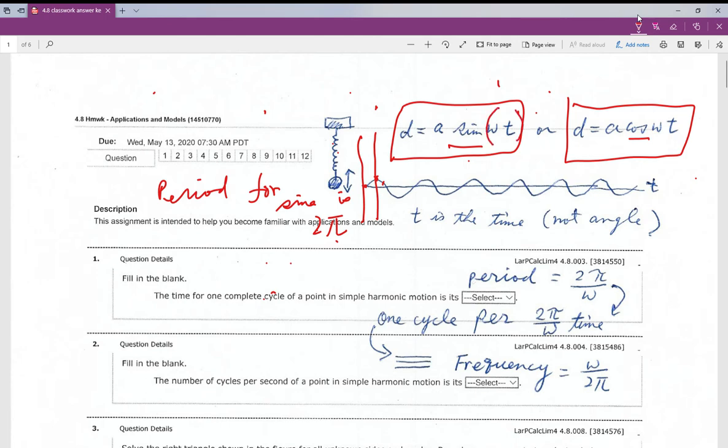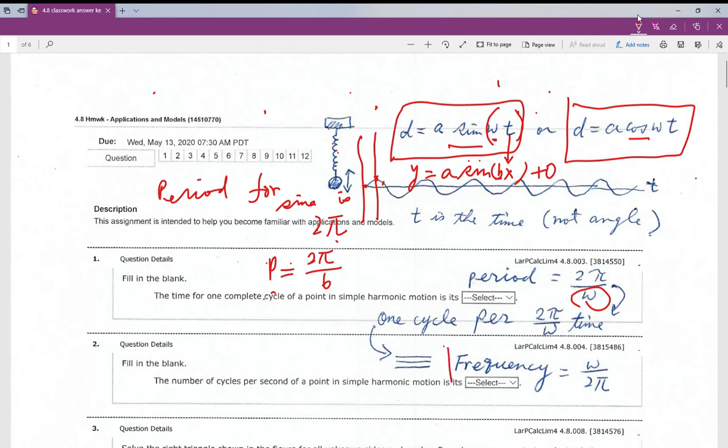And this works as x. So the formula looks like y equals a sine bx plus 0. So how do you find the period? The formula is 2 pi divided by b. Right now our b is w. So the period will be 2 pi divided by w.